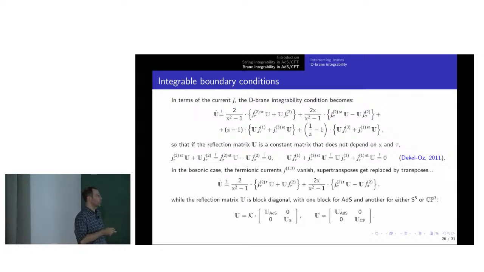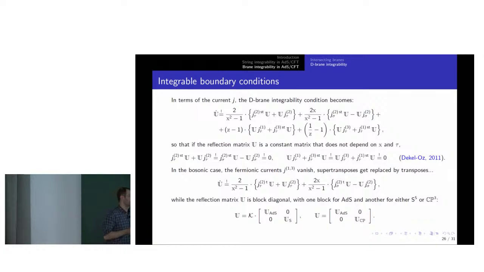But in the bosonic case, for generic reflection matrices, we have to solve this equation, which of course is dependent on the spectral parameter, and in fact U will turn out to depend on both the worldsheet time, tau, through the coordinates, and the spectral parameter.